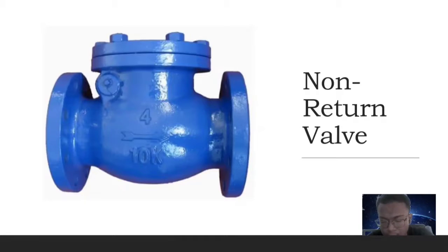When the force of fluid available at the inlet port exceeds the strength of the spring and the back pressure of oil, the poppet is pushed up and the valve opens to permit the flow through it. When the oil flow is reversed, the valve poppet is pushed back to its seat, completely blocking the flow.